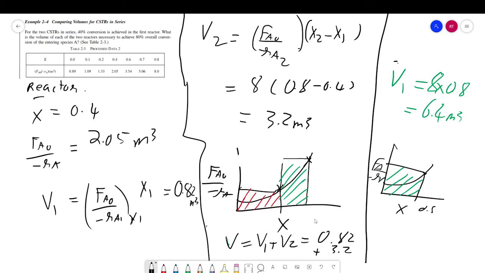When you add these two, you get around 4.02, which compared to 6.4 is much less. So for CSTRs, it's always better to do it in stages so that you can reduce the overall volume. This is the comparison of volumes for CSTRs in series, and in the next video we can explore PFRs. Thank you.